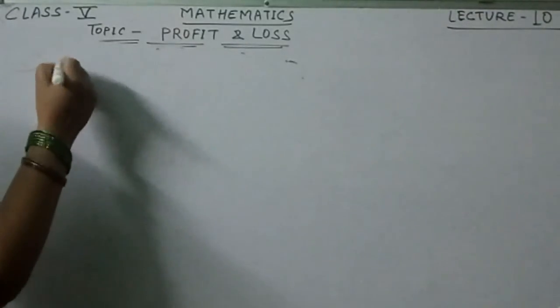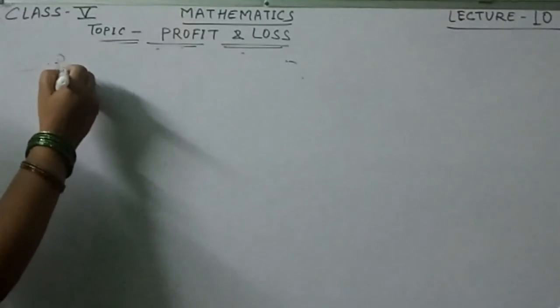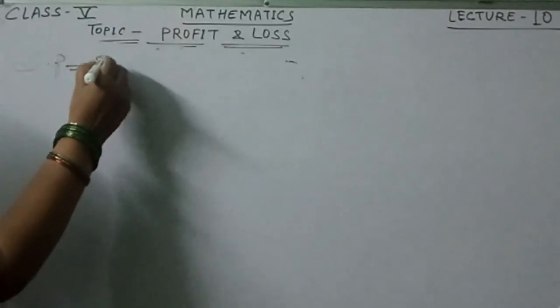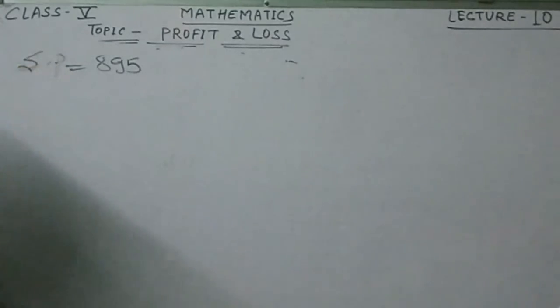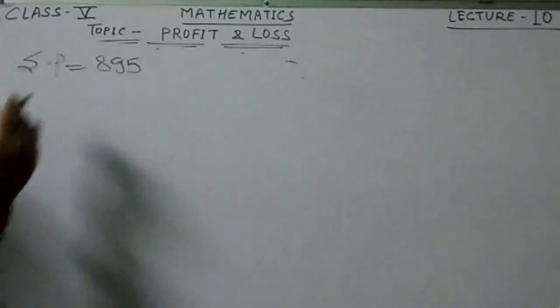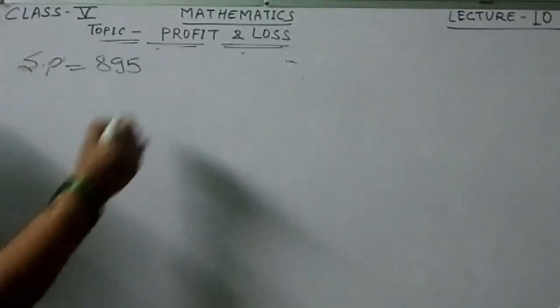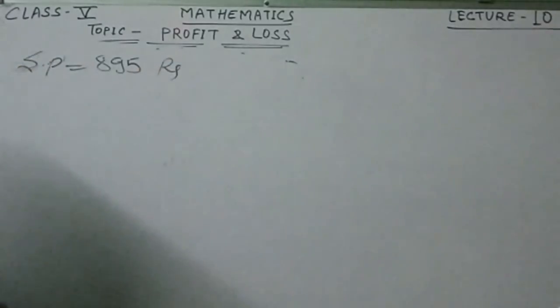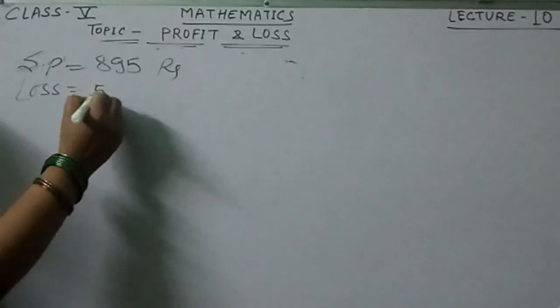The selling price is given as 895 rupees, at a loss of rupees 52. How much loss here? Loss is 52 rupees.